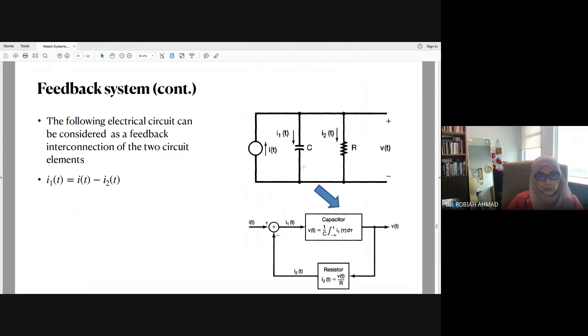Using the current law we get I1 equal to IT minus I2T, and it is actually a feedback interconnection, and if we rewrite, we will get this one.